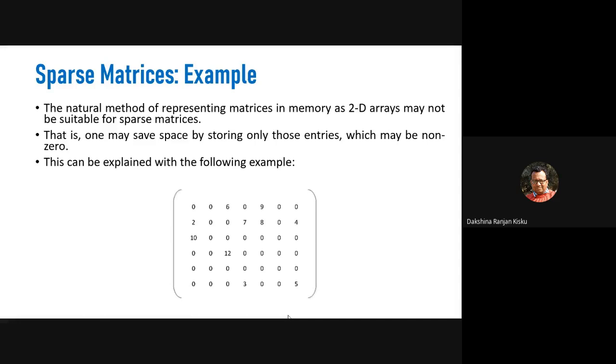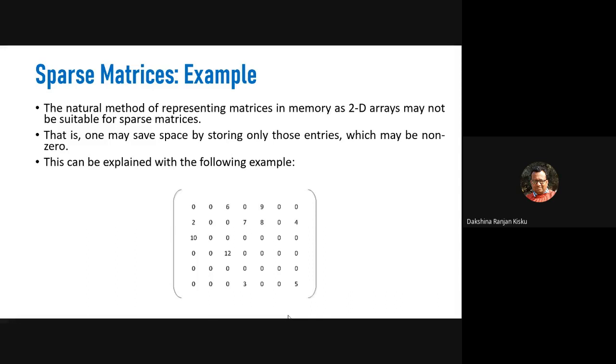To represent this sparse matrix, we will use three-tuple information. How is this three-tuple information represented? We will use the row number, column number, and the value at that specified position. That means if we consider the first row in this sparse matrix, we can see there are only two non-zero elements, 6 and 9.